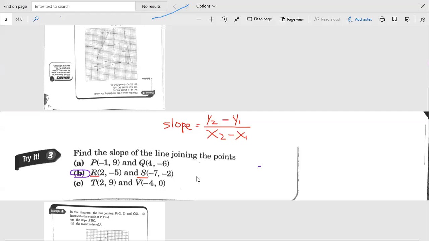Very good. All right, so -5 and -2 are all on the y-axis, right? Those are the 2 points we want to figure out the distance. So y2 will be -2, and then minus y1. So what is y1? Hudson, can you tell us what is y1?